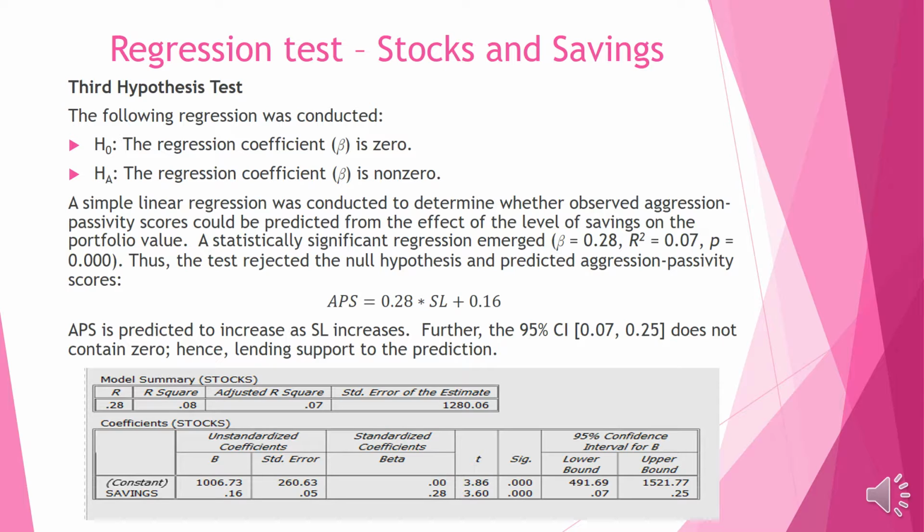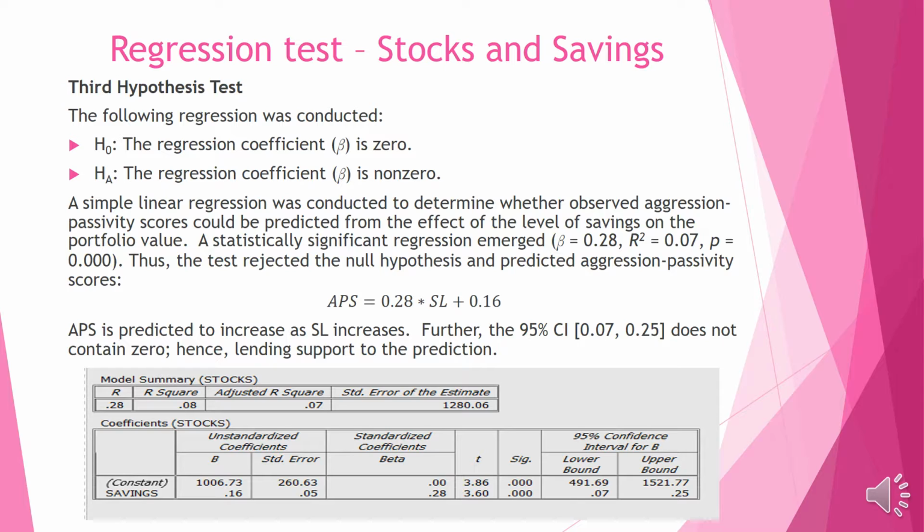The regression scores showed that the APS was equal to 0.28 times the stock level, or the savings level, plus 0.16. As a result, APS is predicted to increase as the savings level increases.